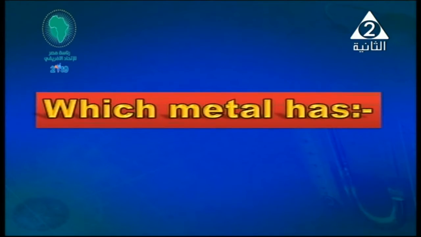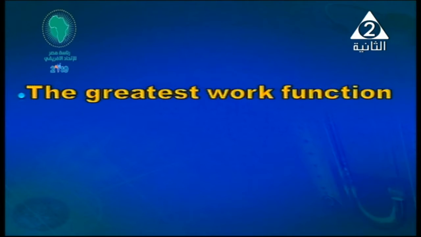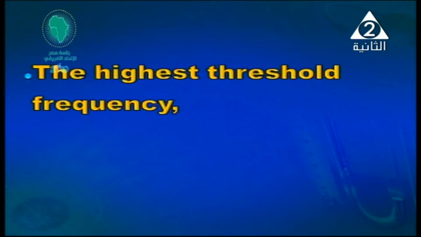So it was quite easy with cesium, and this means something here. Which metal has the greatest work function? It is the hardest to extract electrons from. Yes, it is zinc. And which one had the highest threshold frequency? Threshold frequency multiplied by Planck's constant gives the work function, so it is the same answer: zinc.